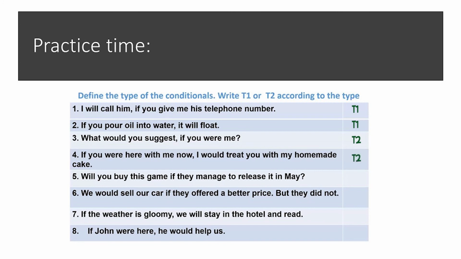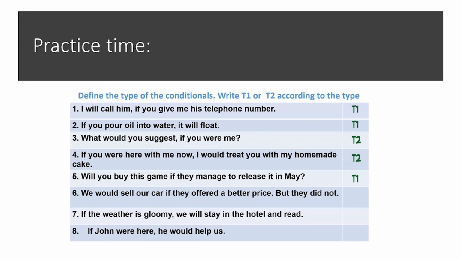Here we have again type 2 conditional because you are not with me and it is a hypothetical situation. Number 5, will you buy this game if they manage to release it in May? It is a real situation.